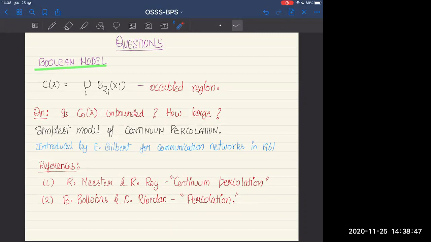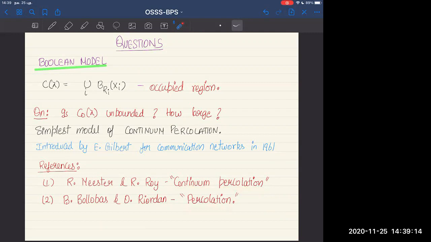This was a very simple model, introduced by Gilbert in 1961 to study communication networks, and since then it has been used in many things. It's a very classical thing. You can see there are two references, one by Meester and Roy, and another by Bollobás and Riordan, which both contain the basics of the model. Highly recommended if you want to learn more.